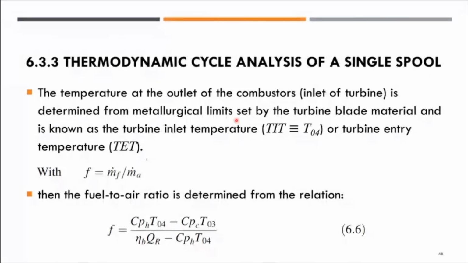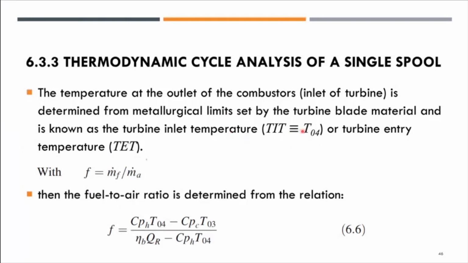For example, titanium alloy has a softening temperature at around 750 to 800 degrees Celsius, whereas the combustion temperature and the flame inside the combustion chamber can go up to 2000 degrees Celsius. All right.